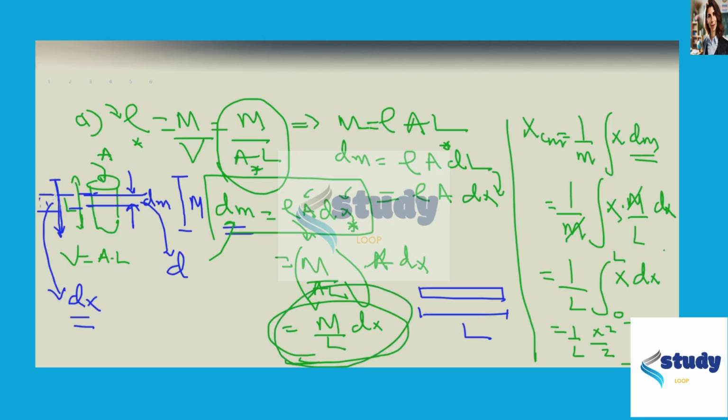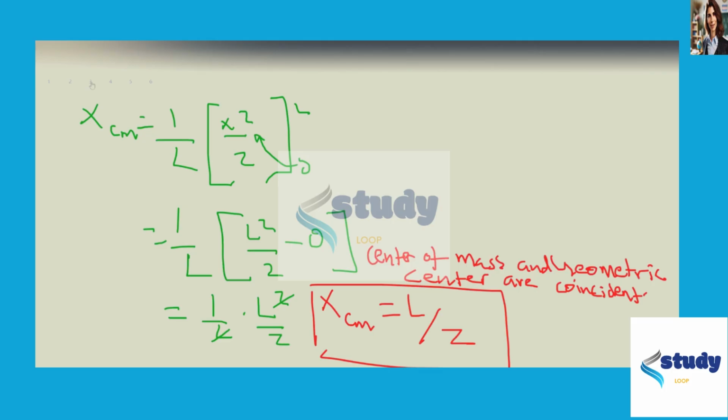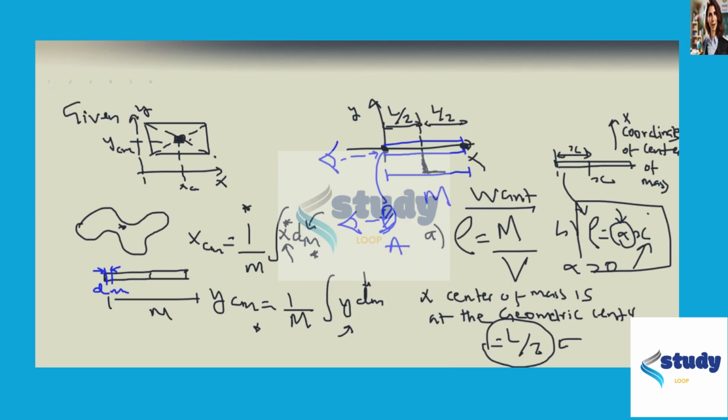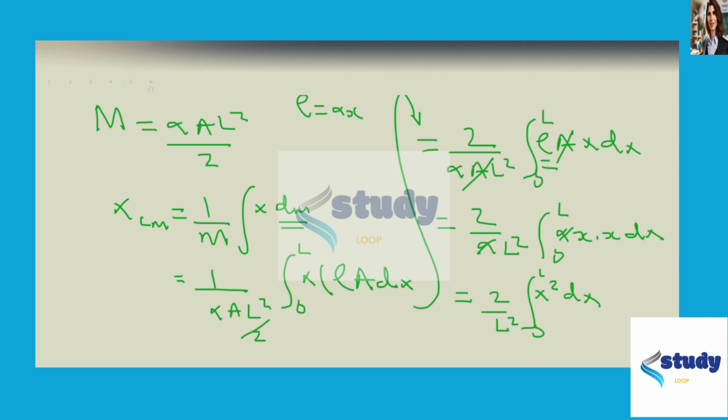We plug that in right there. The m's cancel, you pull out the 1 over L, you do the integral, you end up getting the x center of mass being L over 2, which is the same as the geometric center, as you can see right there. And then finally, we need to find the x coordinate, given that rho is alpha x.